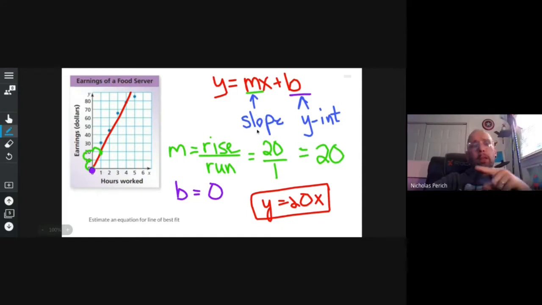Your slope is your rate. Your rate is going to be your y-axis per your x-axis. So this 20 means that this food server earns $20 per hour, give or take. The fact that there's no y-intercept means he or she starts with nothing.